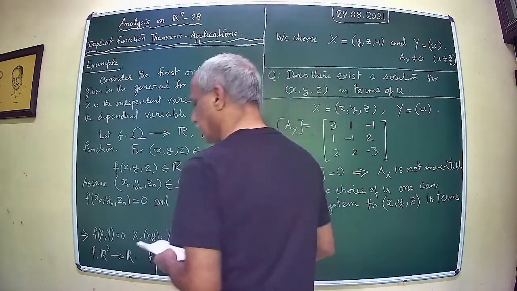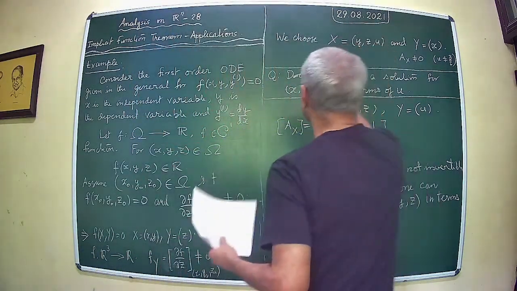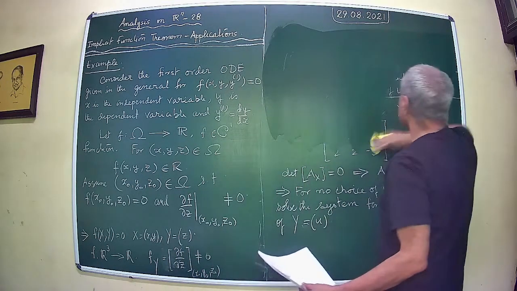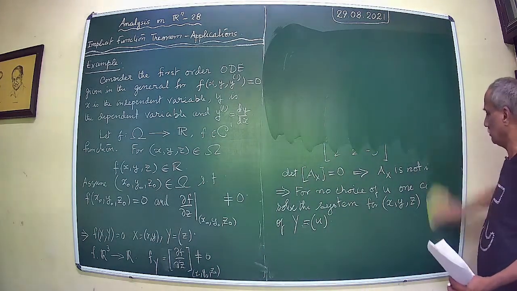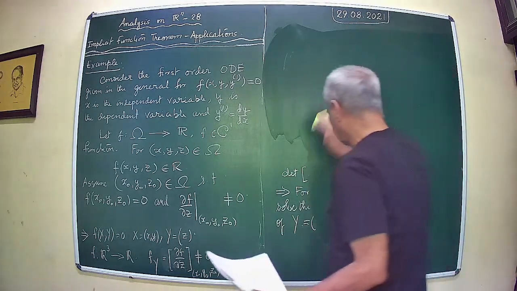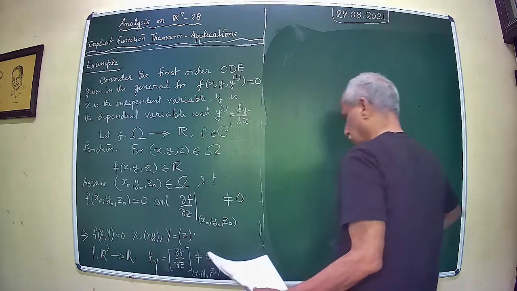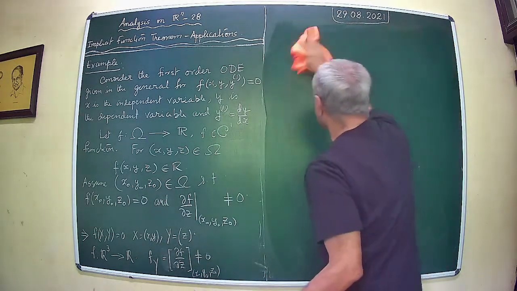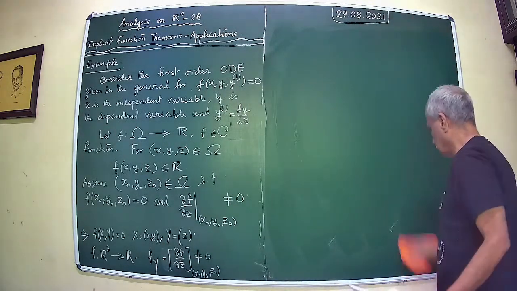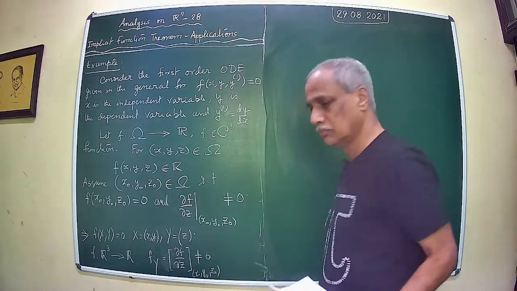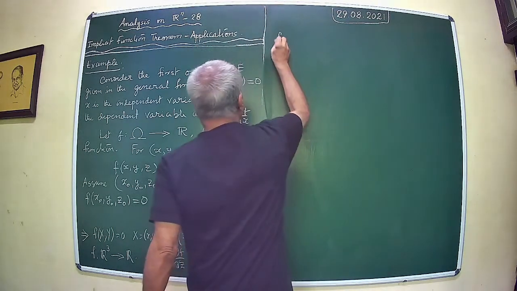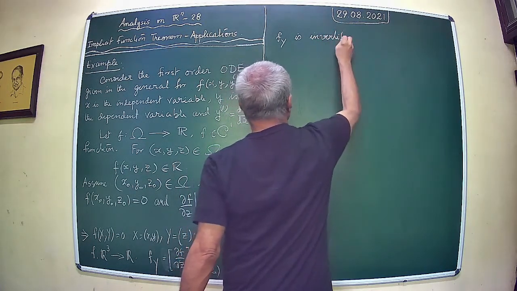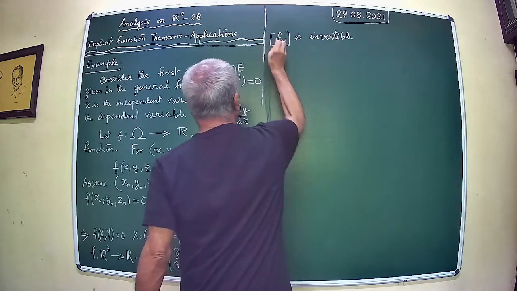That means Fz is invertible. The meaning of this is that Fz is invertible.